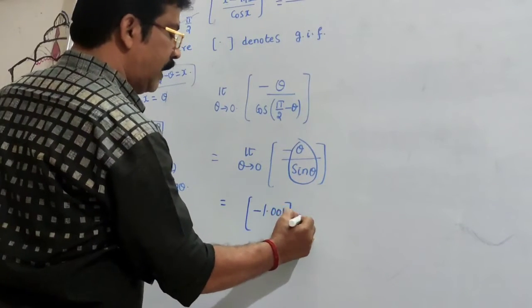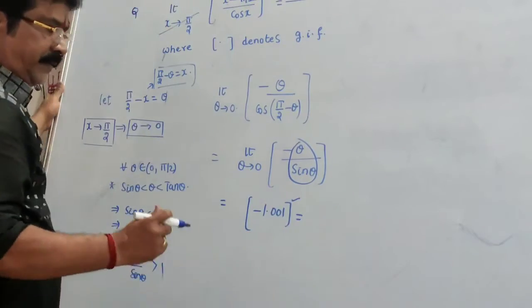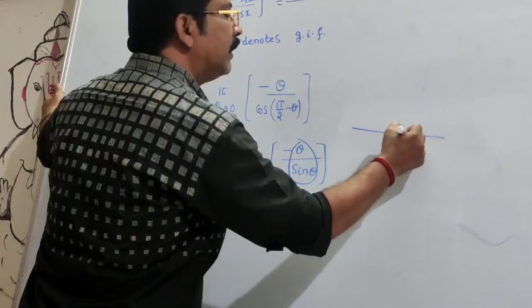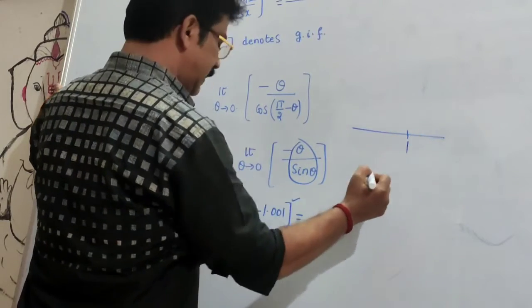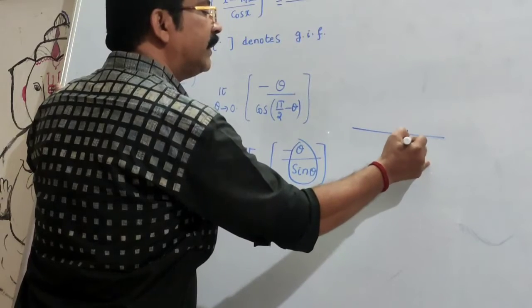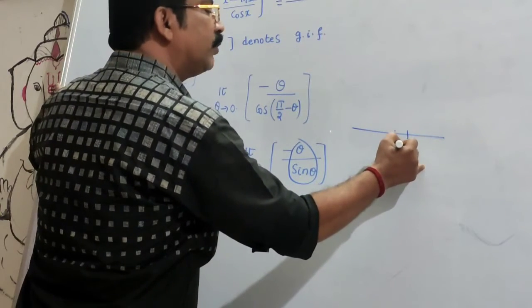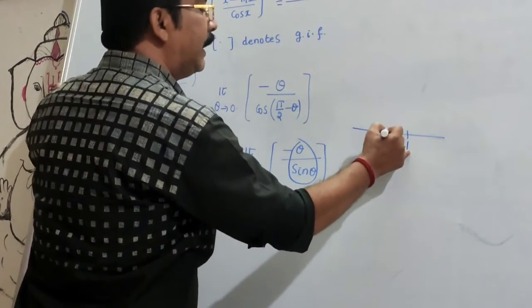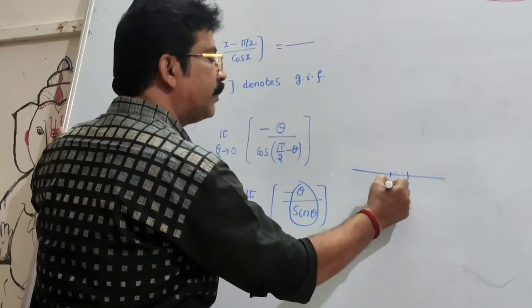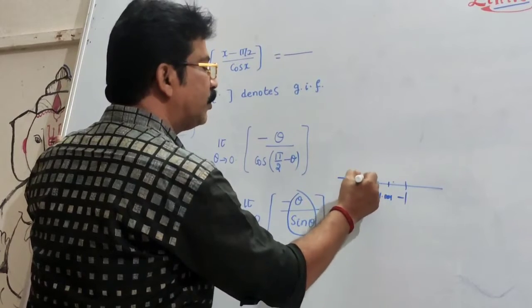So therefore, according to the step x function definition, this is the real line. It is 1 plus 1. Next, this one is minus 1, take minus 1 directly, and this one is minus 1.00001, just like that, and so on.